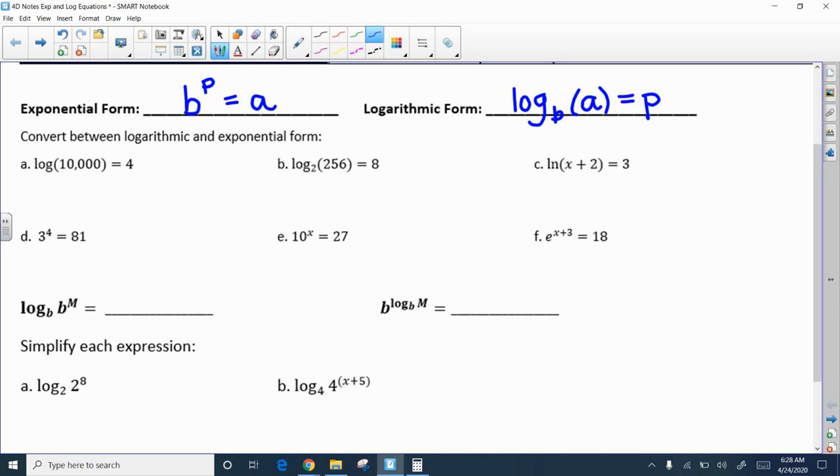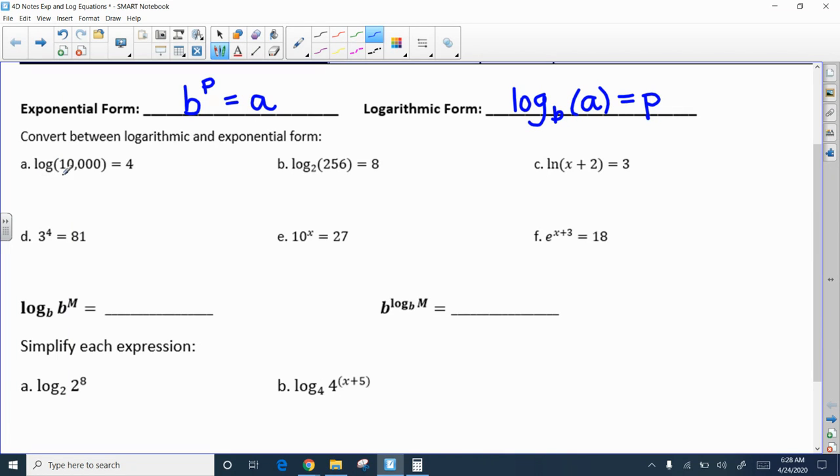So the first examples here are converting between logarithmic and exponential form. If it's in logarithmic form, you have to change it to exponential. If it's in exponential, you have to change it to logarithmic. A couple things to remember. If we look at A, it just says log of 1,000.